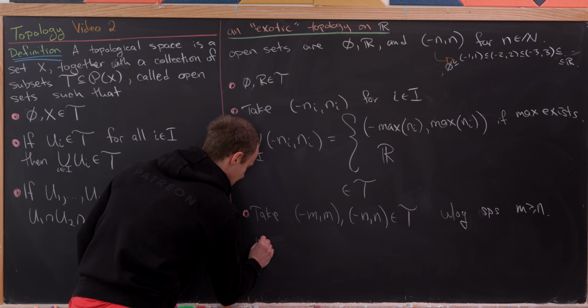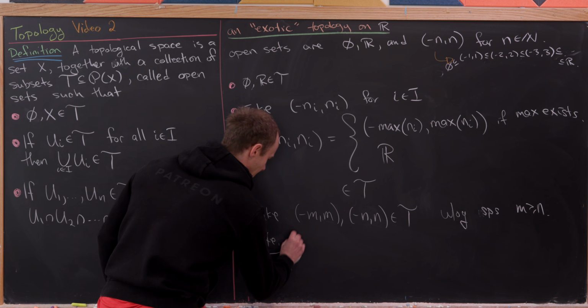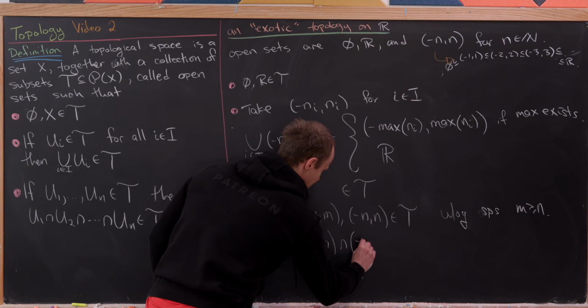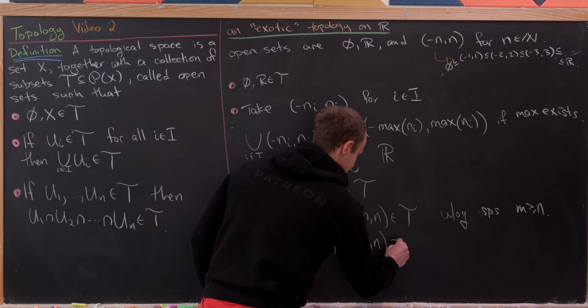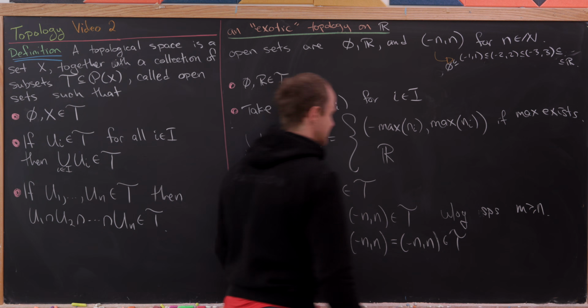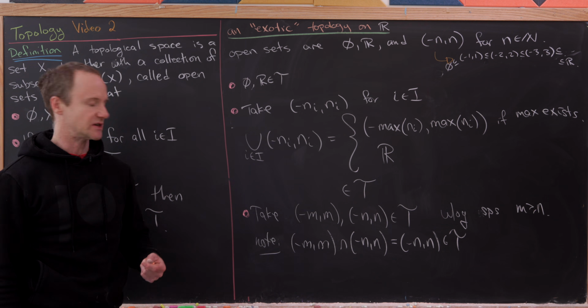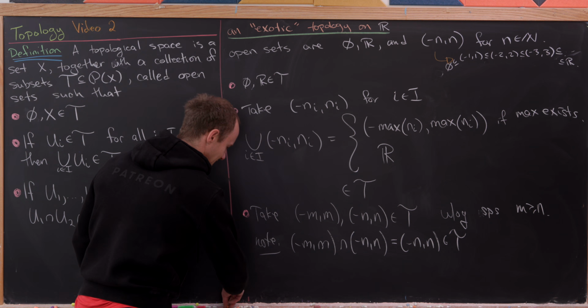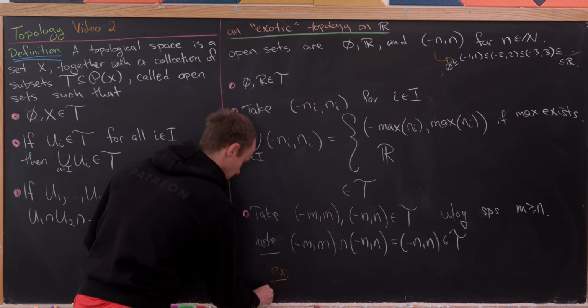And now let's note the following: the minus m to m intersected with minus n to n is most definitely going to be minus n to n, which is back within our topology. And that's because, let's look at a little example just to really drive it home.